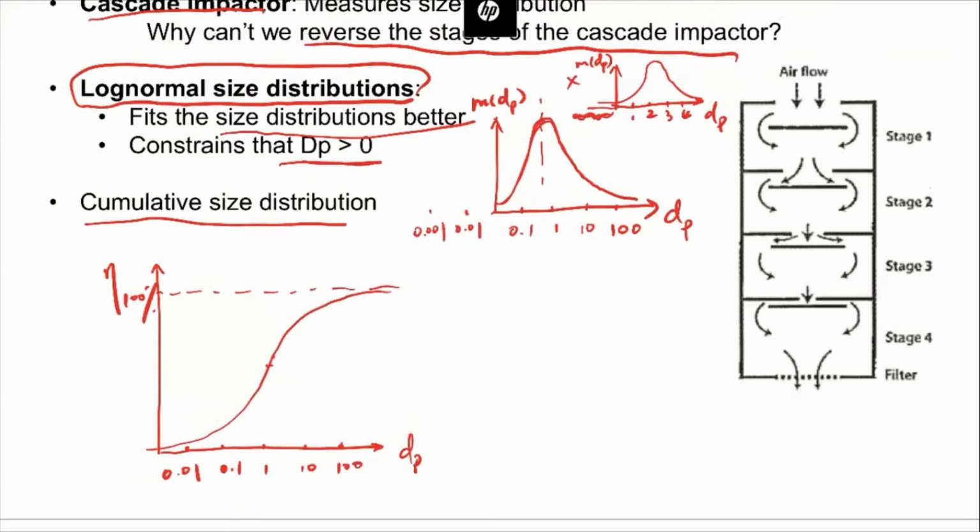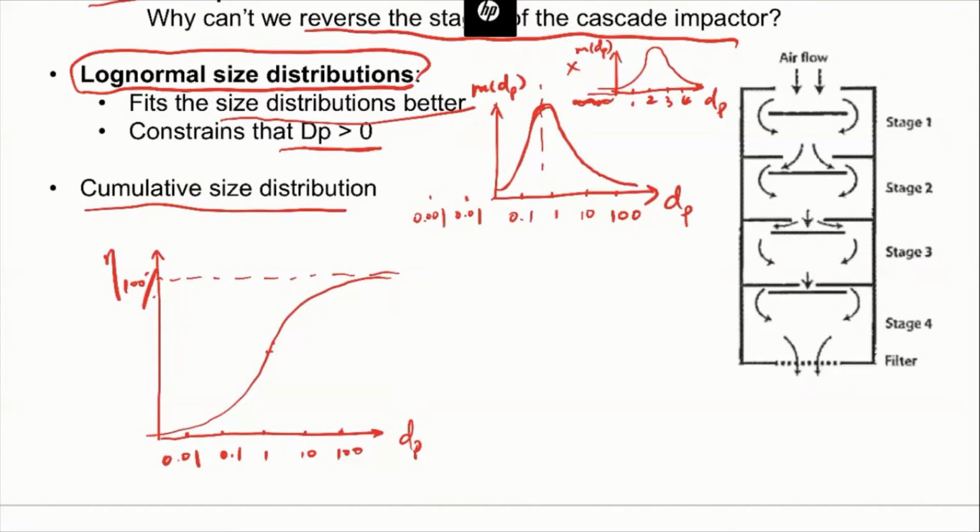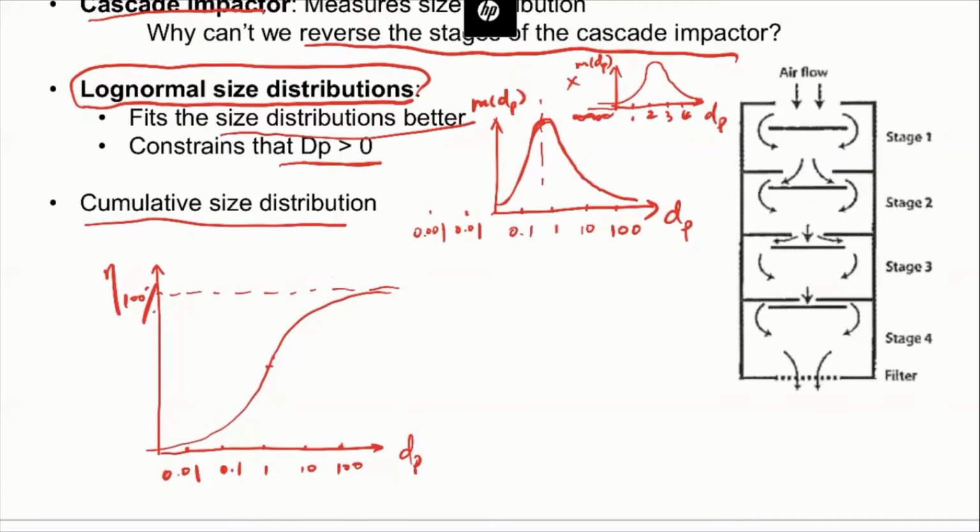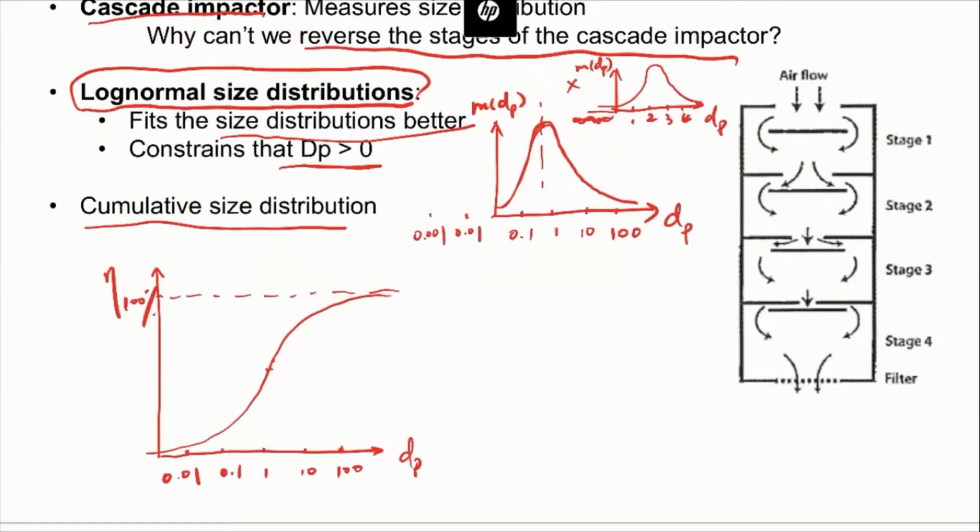Then we may have a question, because for a lot of actual applications, we need to see whether a size distribution follows a log normal distribution. Of course, we can do the cascade impactor measurement. Let's say we measure M1, M2, M3, M4, and so on, right?